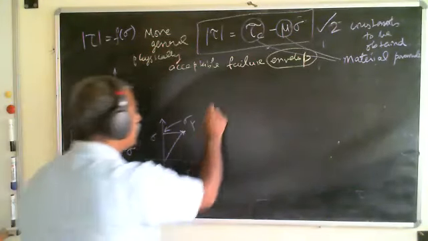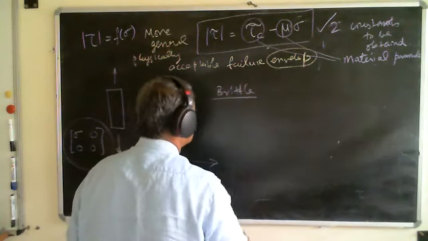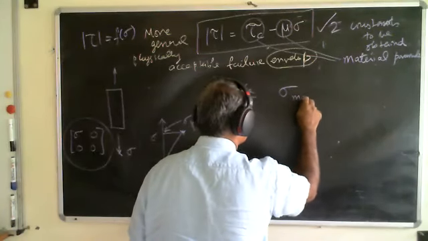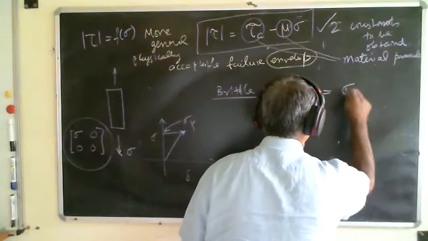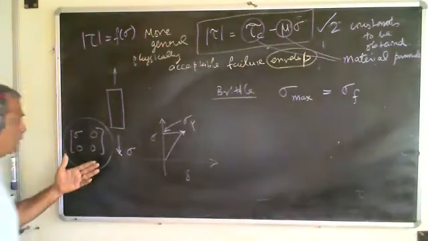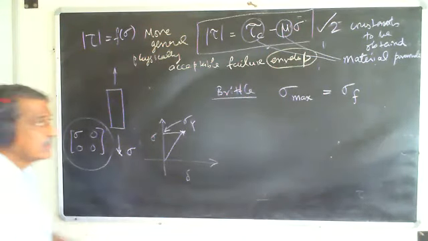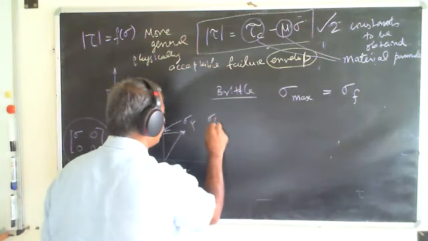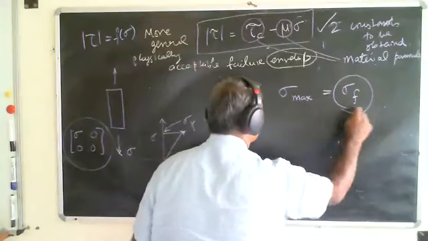If it is a brittle material, what we said was find the maximum normal stress and equate that to sigma f. This sigma is already the maximum normal stress, so when I did this test and found this to be sigma f, it's very easy. I just have to insert that and find sigma f.